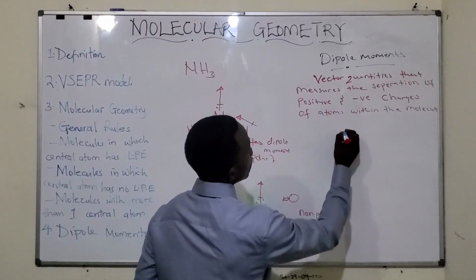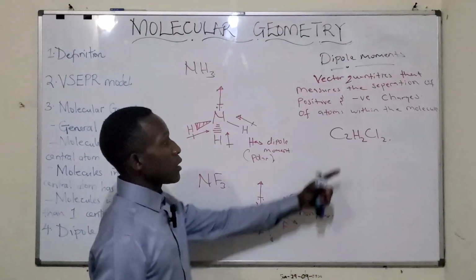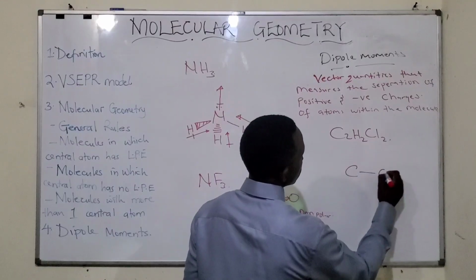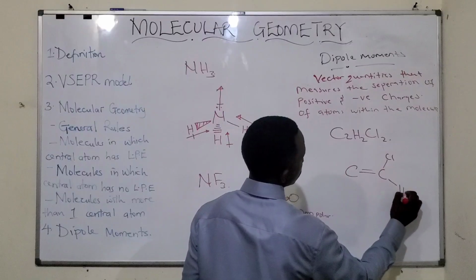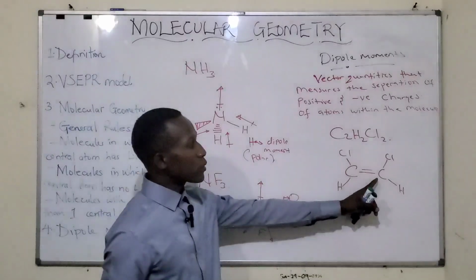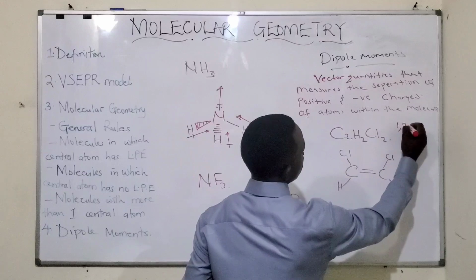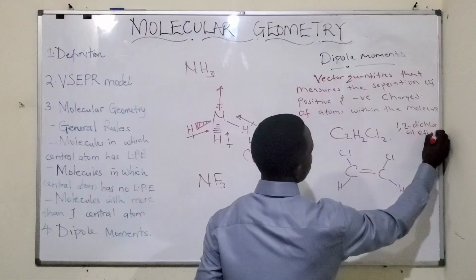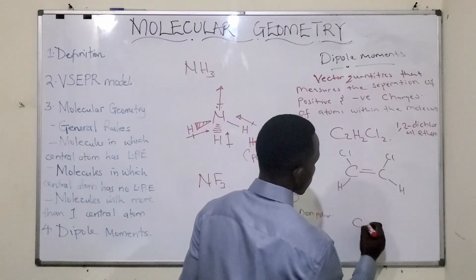If you have C2H2Cl2, we can have two structures from this. It is 1,2-dichloroethene. We can have the cis form, but again we can have the trans form.